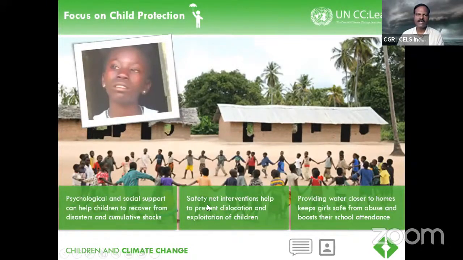And the safety net interventions help to prevent dislocation and exploitation of children. That is another important point. Providing water closer to homes keeps girls safe from abuse and boosts their school attendance. Yeah, water security is one important factor. Even in a drought situation or even a flood situation, both times access to water is very, very important.